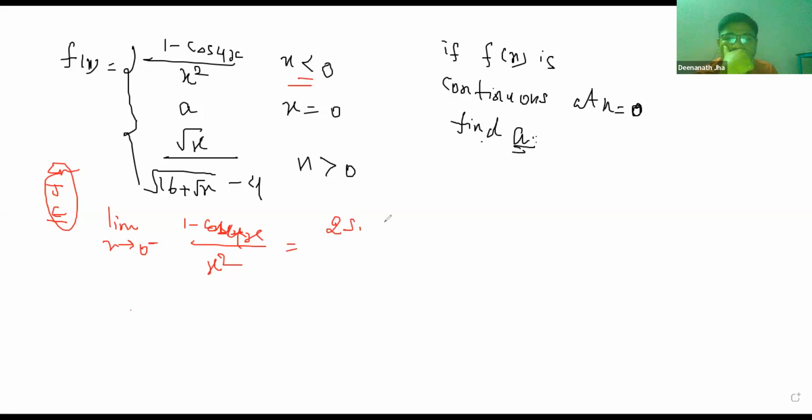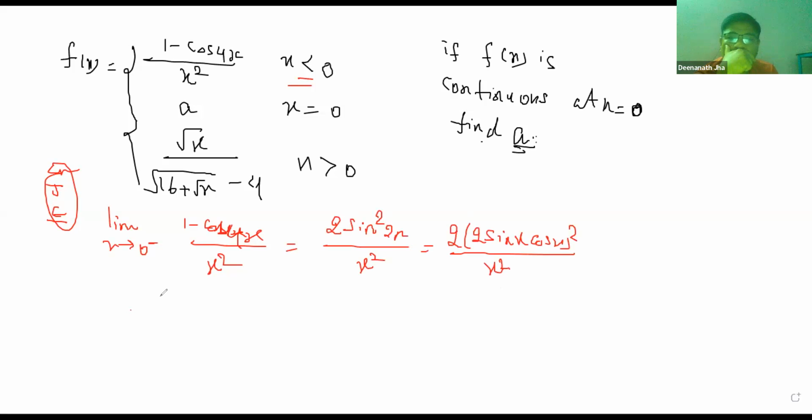Yes or no? Yes. 2 sin squared 2x means you can write (2 sin x cos x) whole square divided by x squared. Any problem?